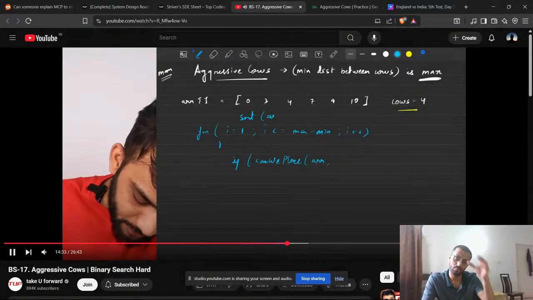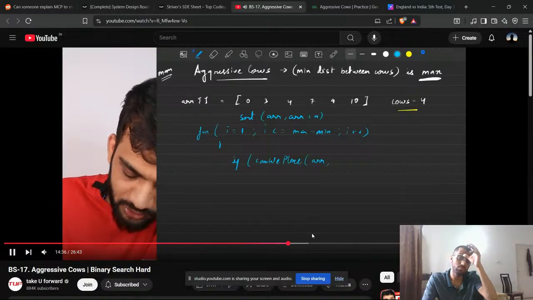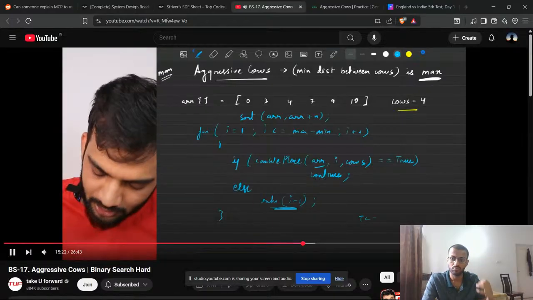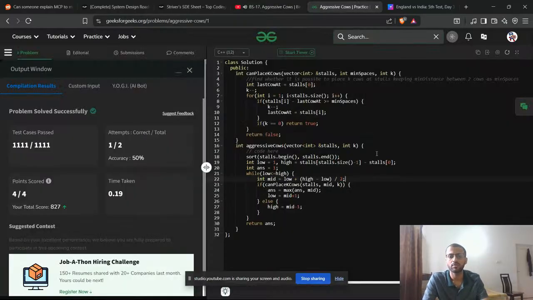Before this, you just sort the stalls. If you know the time complexity, we need to figure that out. What is the time complexity? I am sorting the stalls, the size is n and the cows are k, okay, so n log n.